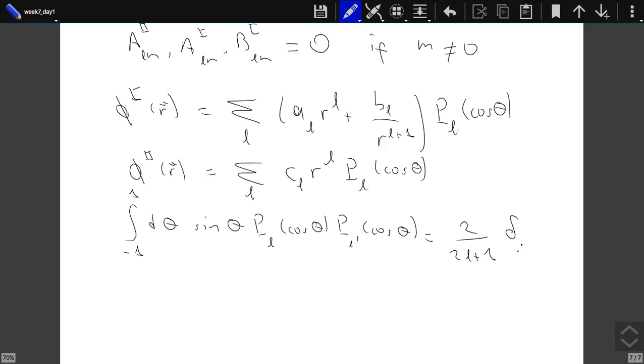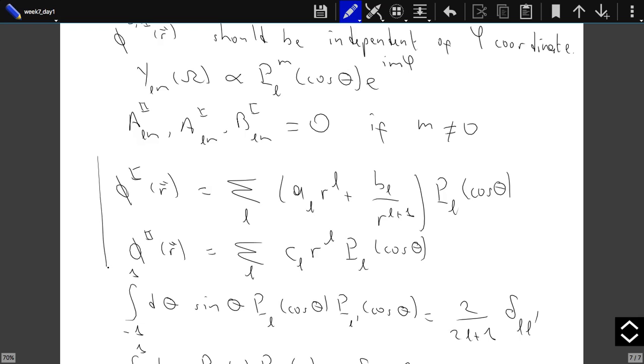And there was one property of these Legendre polynomials that I will use: the integral from -1 to 1, d theta sine theta, P_L of cosine theta, P_L prime of cosine theta will be equal to 2 over 2L plus 1, Kronecker delta L L prime. Or, if you remember, we had discussed the orthogonality of functions with respect to some inner product.